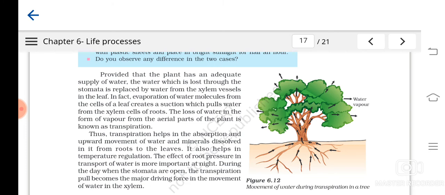And the effect of root pressure. Root pressure is the pressure which is developed in the roots due to the absorption of water. Okay, that is more important at night. Root pressure also plays an important role in the transport of water, especially during night. So during the daytime when the stomata are open, transpiration pull will be the major force that helps in the ascent of sap.